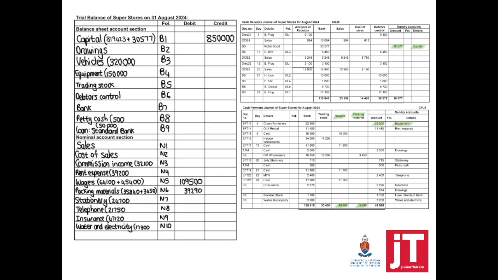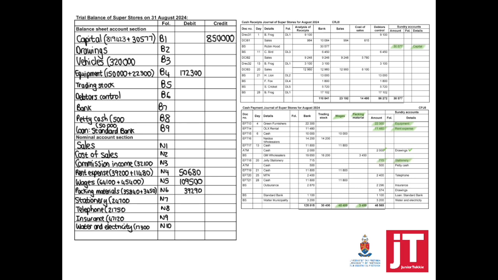Then we've got equipment, must be added, 22,300. Because we purchase more equipment, it means that our equipment balance will increase. Our new balance, 172,300. Rent expense will be added, and my new total, 50,680.